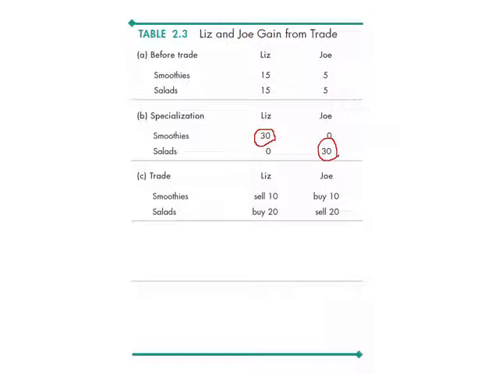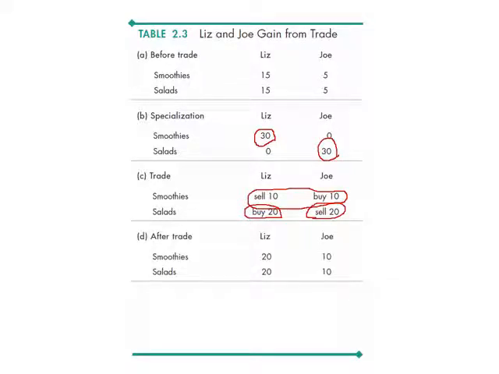As we can see here, Liz will keep 20 units of smoothies for herself, and then trade 10 with Joe, so she will sell 10 units of smoothies and Joe will buy them. On the other hand, Joe will keep 10 units of salads for himself, and then he will sell 20 units of salads, and these 20 units will be purchased by Liz.